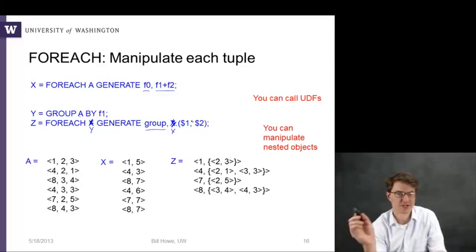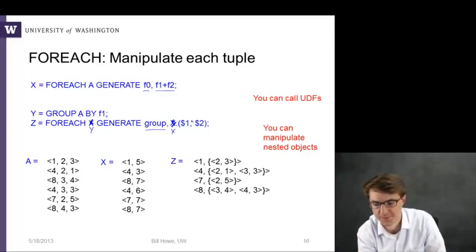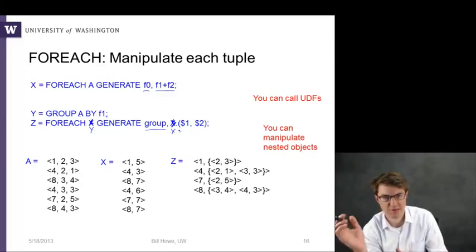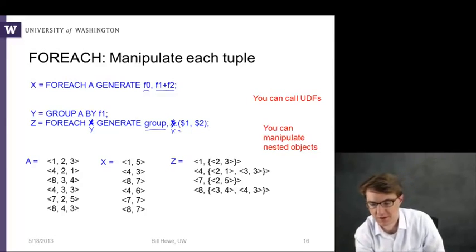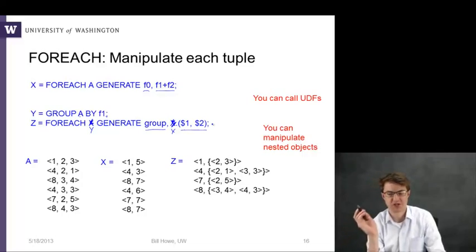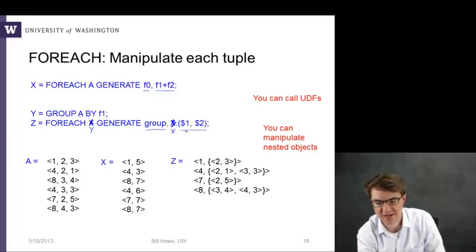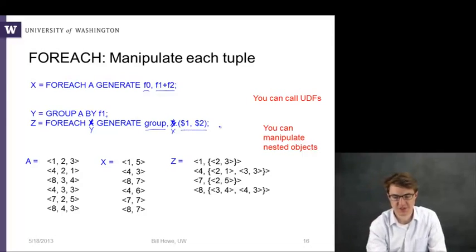So what's group? Remember, that's the magic name given to the group field. And then Y, which is the magic name given to the bag field, dot, a list of projection columns. And so this is the second element and the third element from each of those tuples. Okay, so what does this look like?